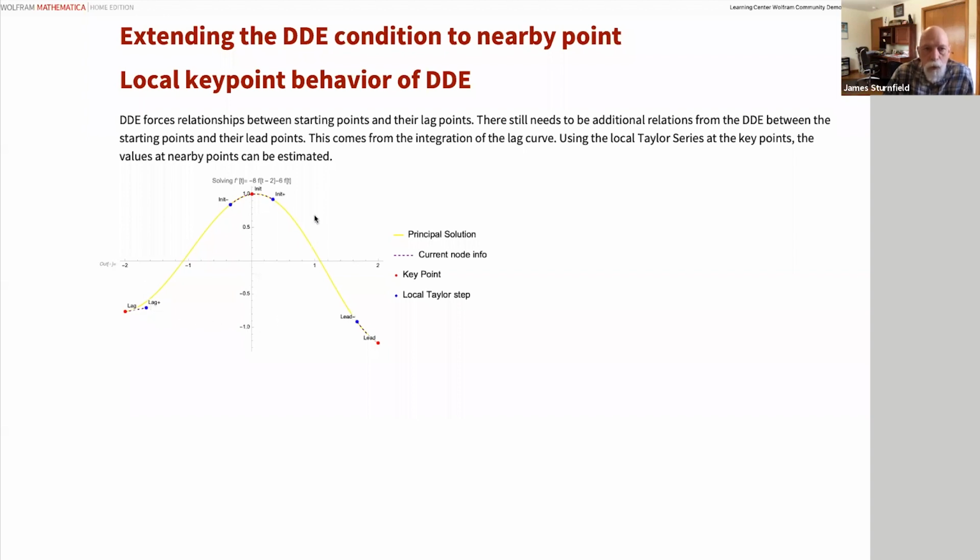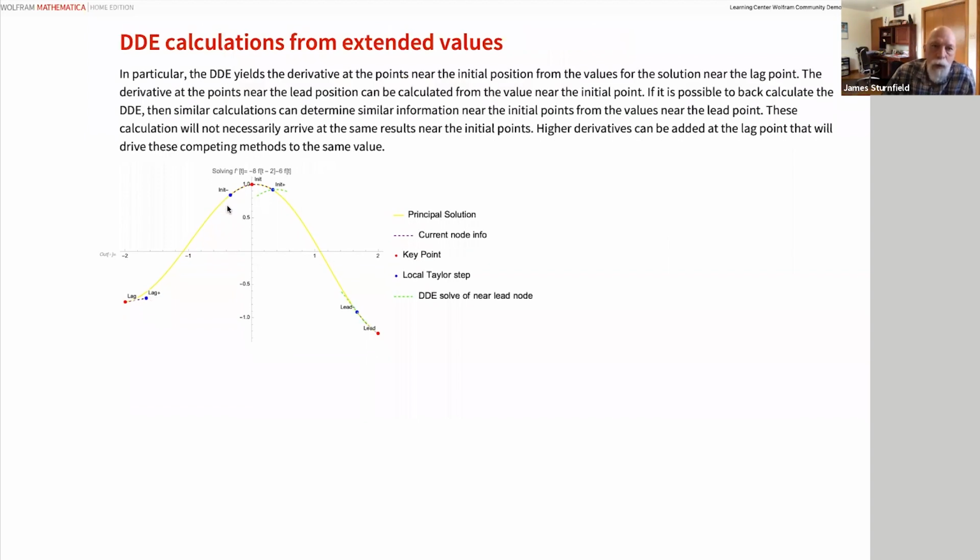And so these blue points are now the new points we're looking at. I can take those new points and from the DDE calculate what the shape should be near these points. So from this lag point, I've calculated a Taylor series from the DDE at this new point. It's off from the curve we're forming. I guess I'm showing the actual principal solution, analytic solution behind there.